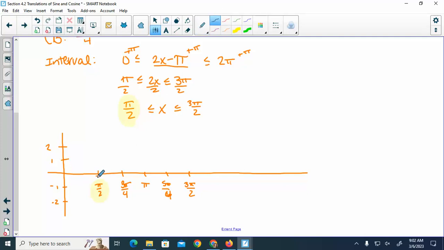So when pi over 2, that's the first point in my interval, that's when I should be at my high point of 3/2. My next one, we're down to 0. And we go down to our low point, negative 3/2. Back to 0. Back up to 3/2. And notice the last point of my interval is the last point that I had here.